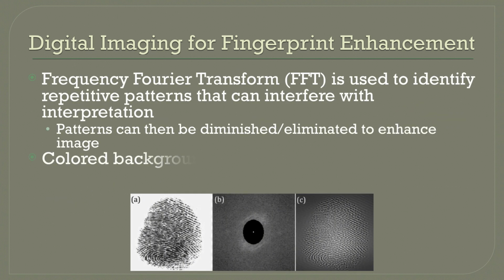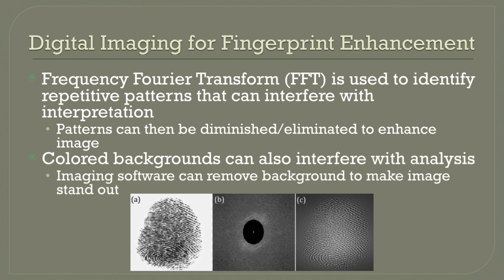Another process is known as fast Fourier transform, or FFT, and it's used to identify repeated patterns that can interfere with interpretation. And so patterns can then be either diminished or eliminated to enhance the image that's wanted.